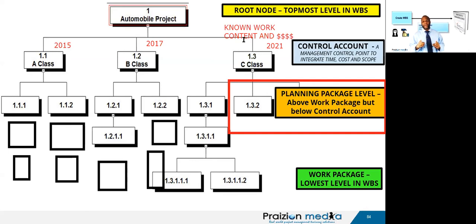However, we are not going to break it down until we get further clarity, until Tony Fauci proves himself. We are not going to plan any further. Are we going to get that vaccine? If we open up the restaurant as part of this project, will we really realize the benefits? Oh, we don't know. Well, let's wait. You see, let's wait until December 2020. Then we will begin to decompose our planning package into specific things we're going to do with that known work content and funding. You see what I'm saying?